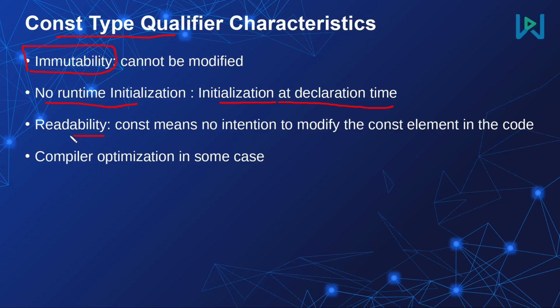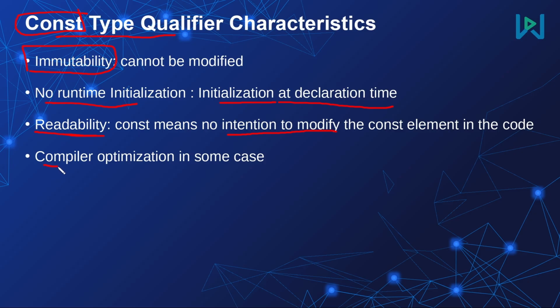If we are marking our variable or buffer to be const, then this means we don't have any intention to modify it within our C code. And hence, from a readability perspective, it's quite clear to the user and developer that this variable or buffer that is marked as const will not be modified.